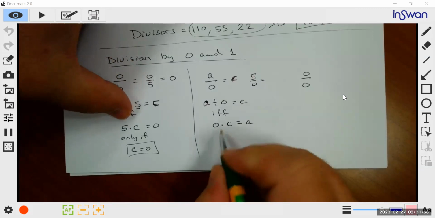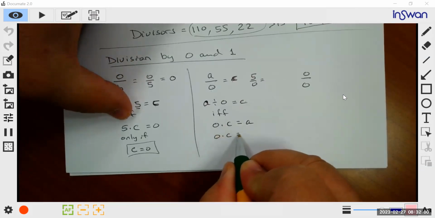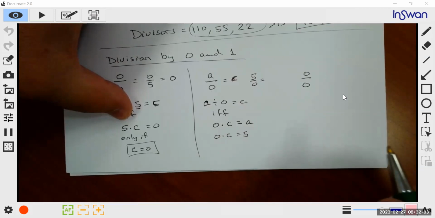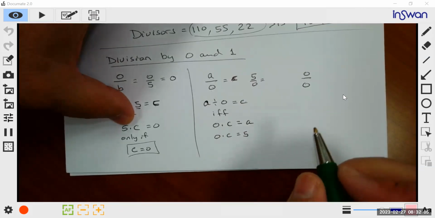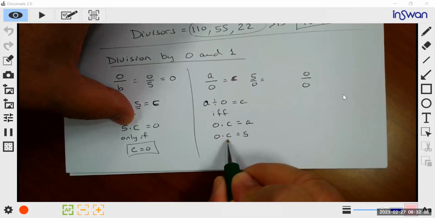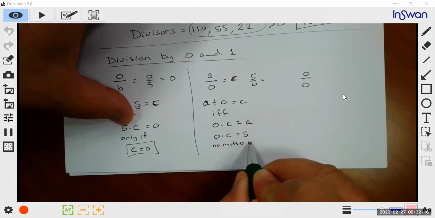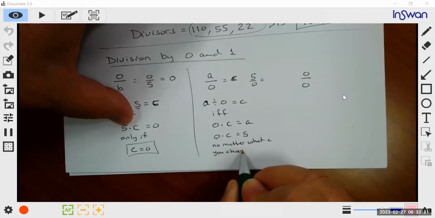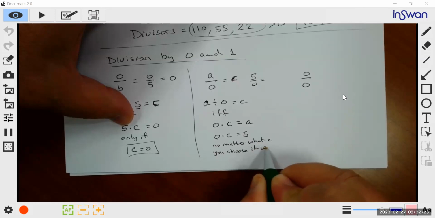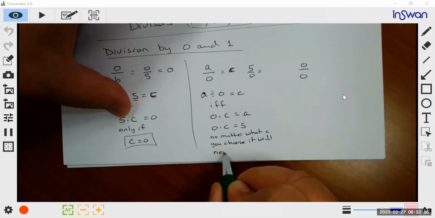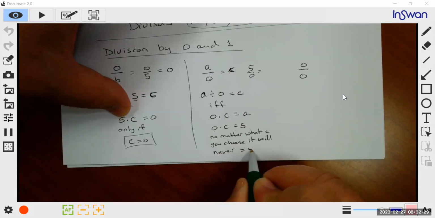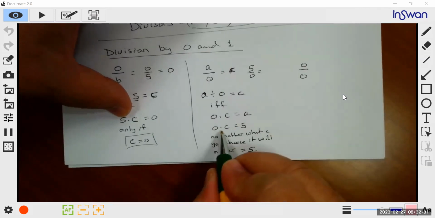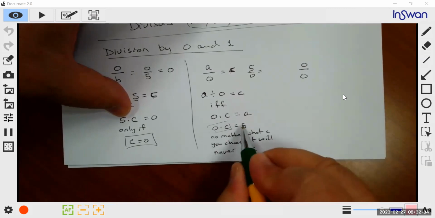So 0 times C equals 5. Can this ever happen? No matter what C you choose, it will never equal 5, because 0 times anything is always 0.